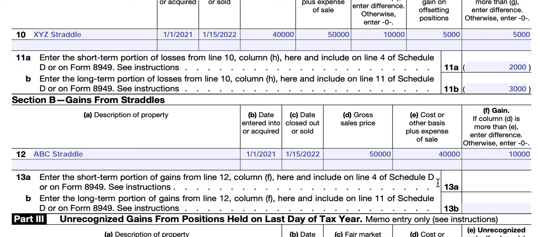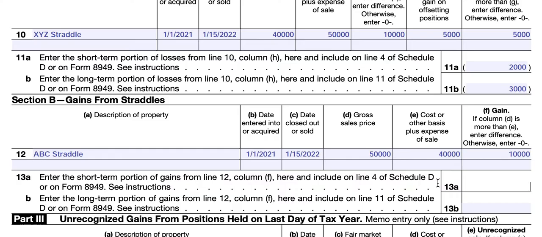For the 13A gains, you would enter them on Schedule D if you're not deferring any of the gain due to a qualified opportunity fund investment. If you are, then you need to report that on Form 8949. You would check box C, and then you would enter Form 6781 Part 2 in column A. You would enter the amount of the gain in column H.